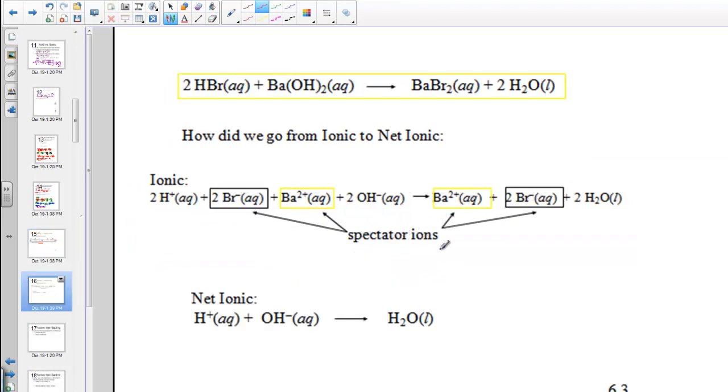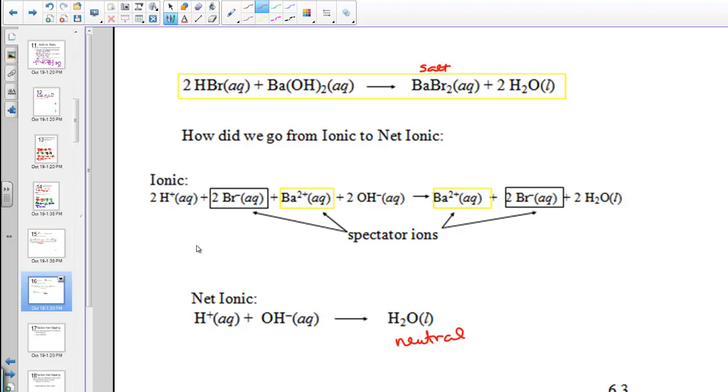Barium and bromide produced the salt. Barium bromide was the salt. And we eliminate those 2 ions. We show just the chemical change in the formation of the neutral water molecule. Acids and bases neutralize one another to make water.